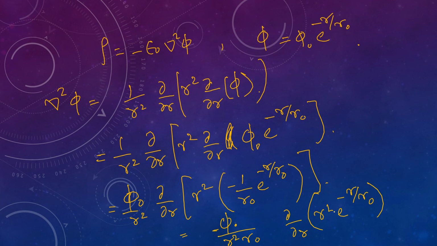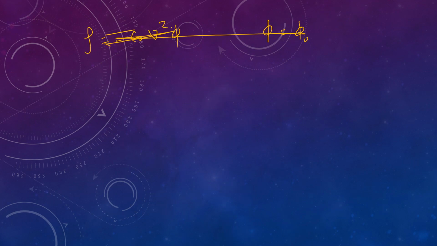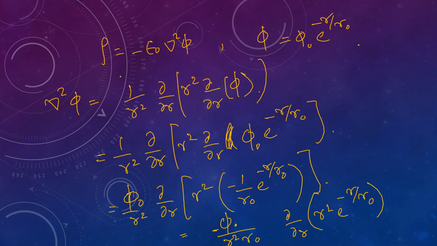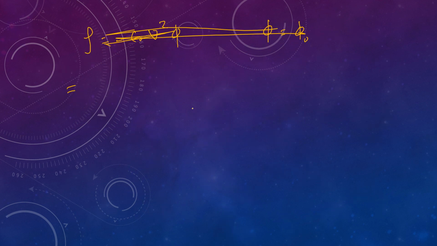Take the r naught out now. So I'll write it again: minus phi naught by r square r naught del by del r of r square e to the power minus r by r naught.